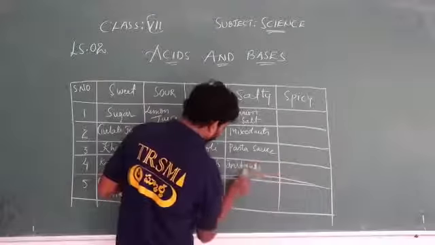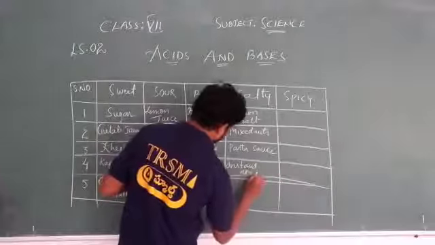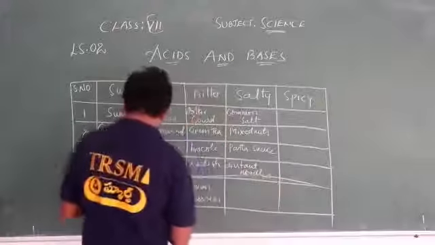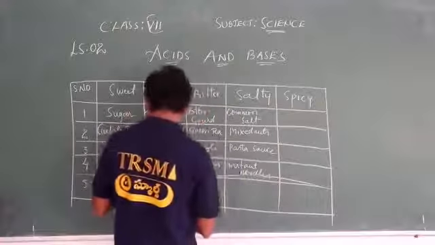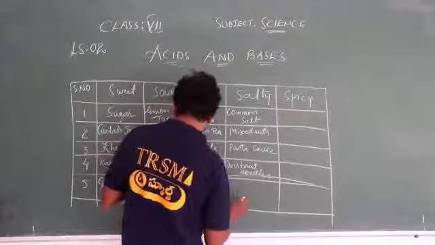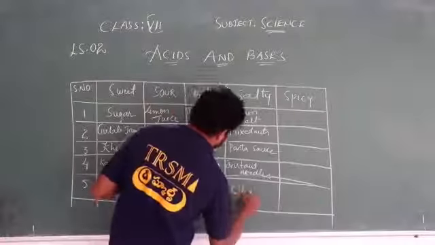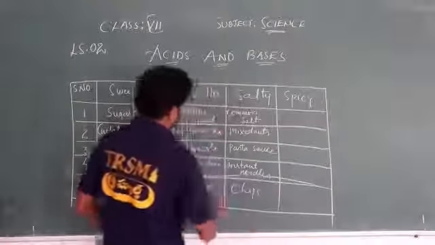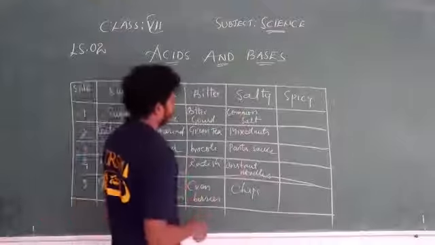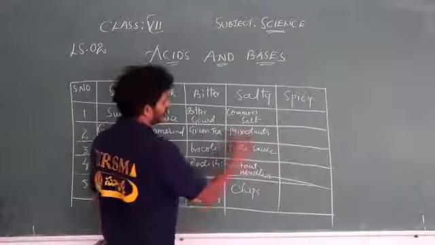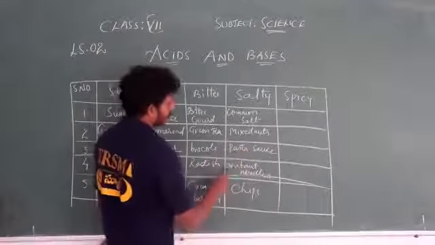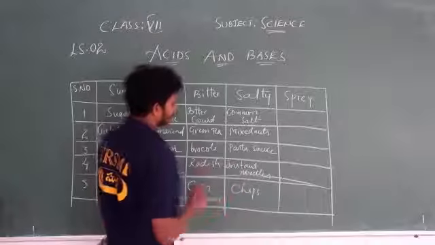Do you all like noodles? Yes, noodles. And the other one is tortilla chips. I'm just writing chips here. These are some of the salty materials: common salt, mixed nuts, pasta sauce, instant noodles, and chips.